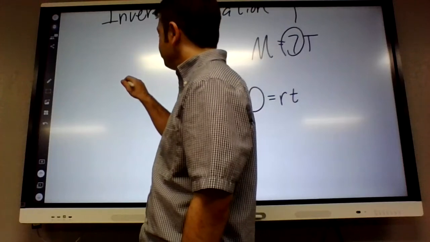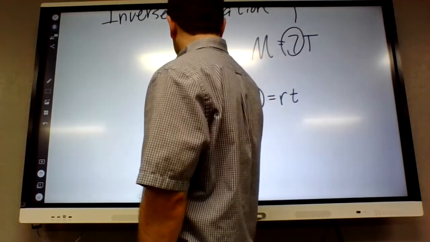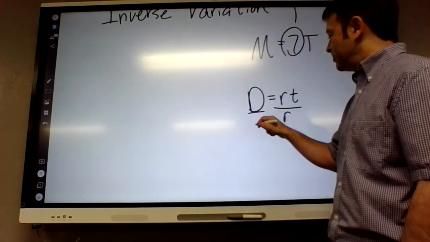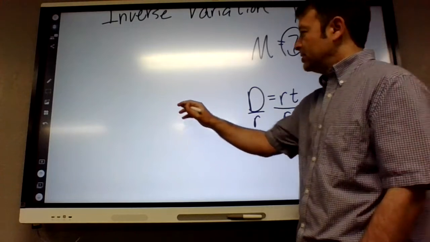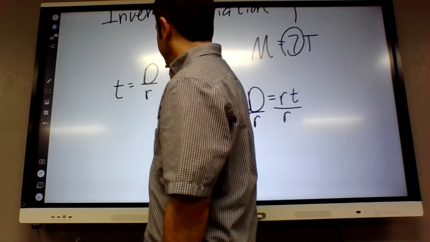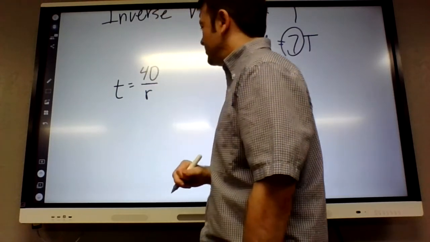So if we were driving to Tulsa, that'd be like 40 miles or something. If I divide, you guys remember doing this, like dividing by R, that kind of thing? Time equals distance divided by rate. If we're going to Tulsa, the distance would be 40.